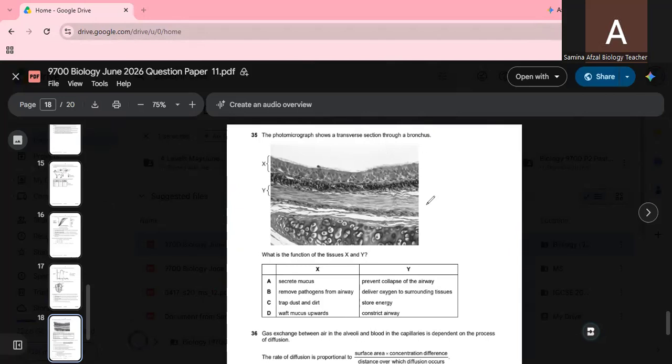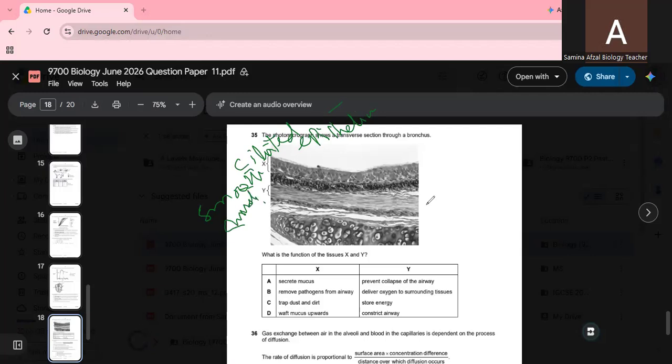X represents the ciliated epithelium and Y represents smooth muscle.